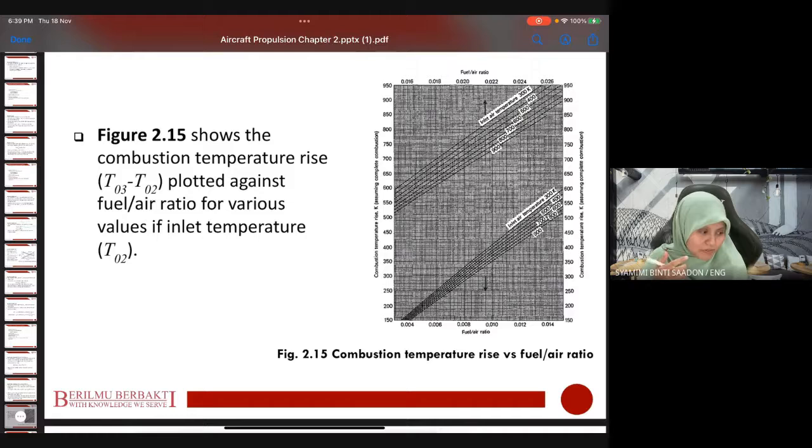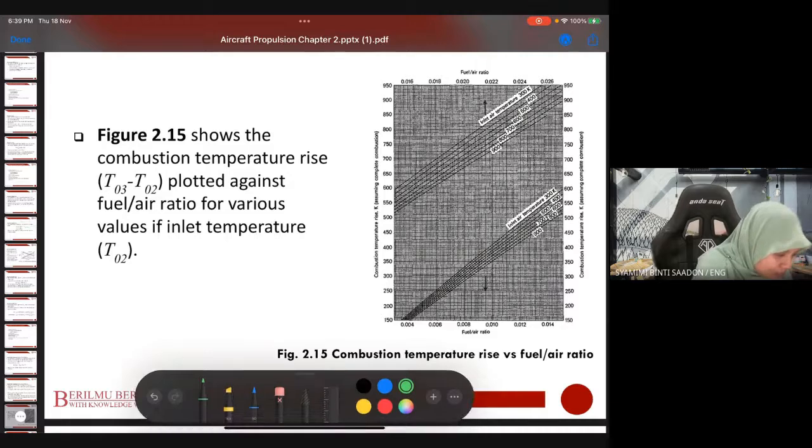Okay, so if you have the inlet air temperature of the combustion at around maybe 700 Kelvin, and the temperature rise due to the combustion process around 300, we can use these figures.